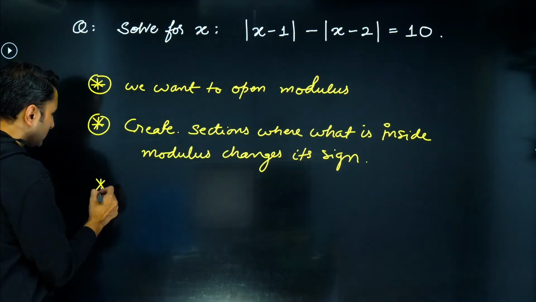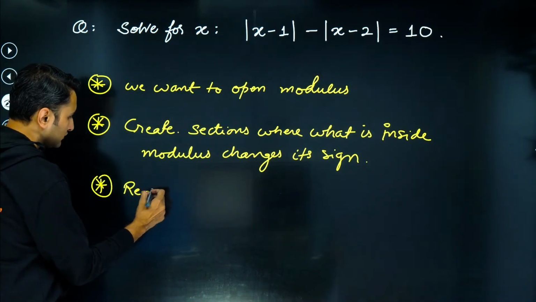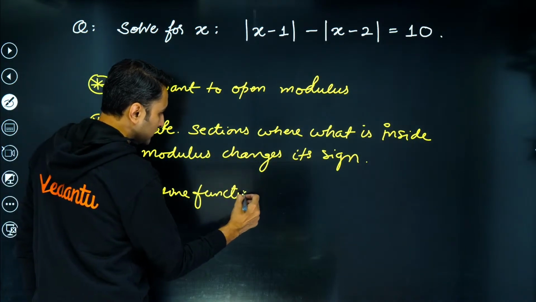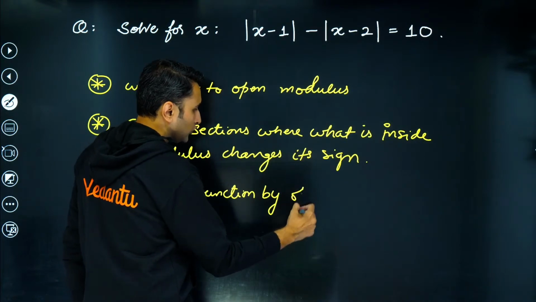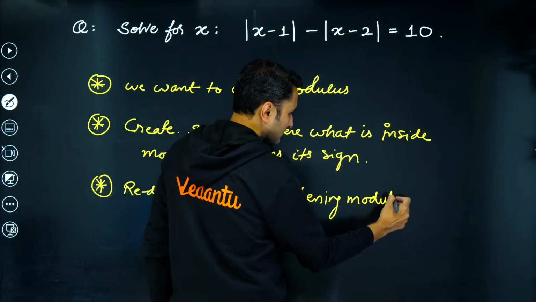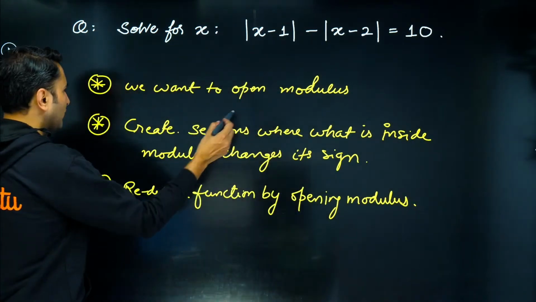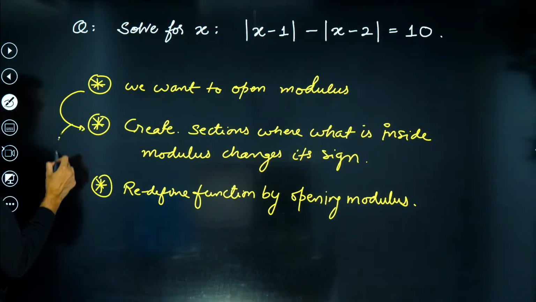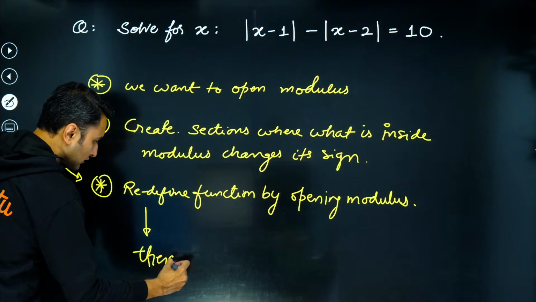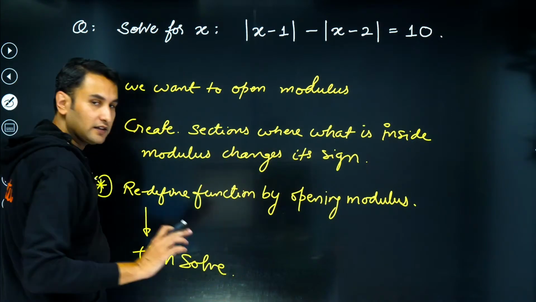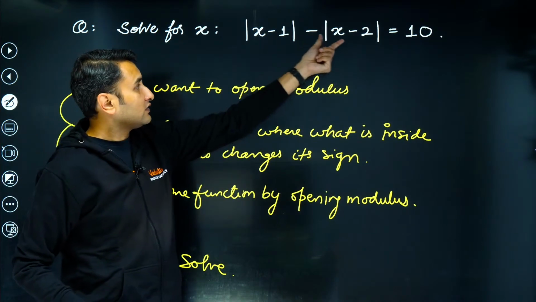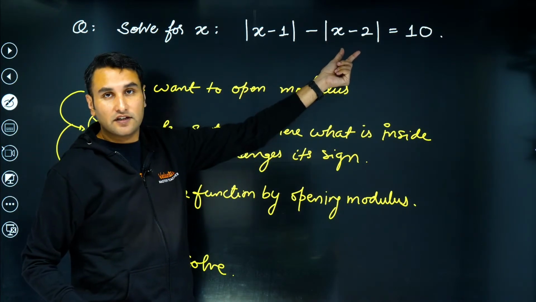And then redefine the function. Redefine function by opening modulus. Okay? So you want to open the modulus, and these are the steps to do it. And then solve. These are the steps. But how do I open the modulus? By checking that what is inside the modulus, where it changes its sign.